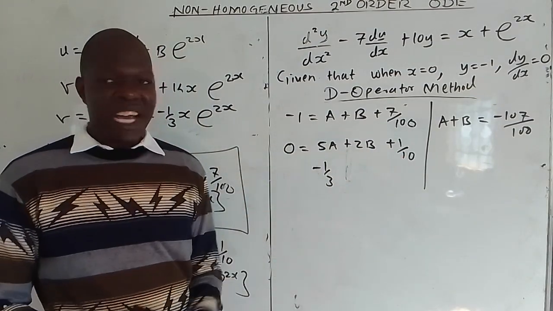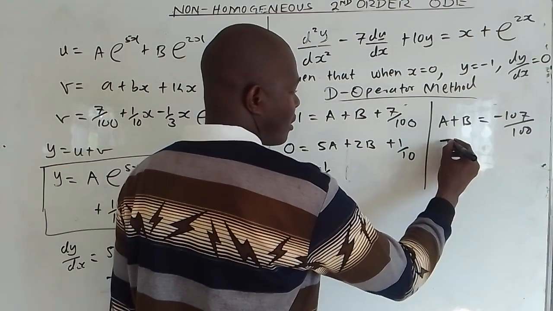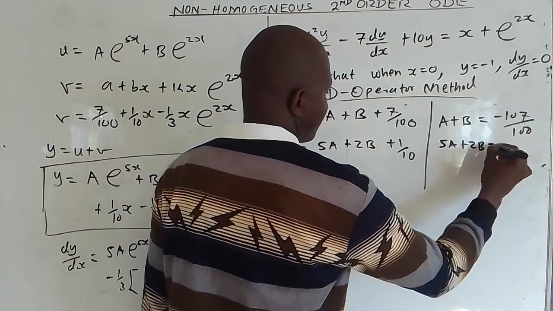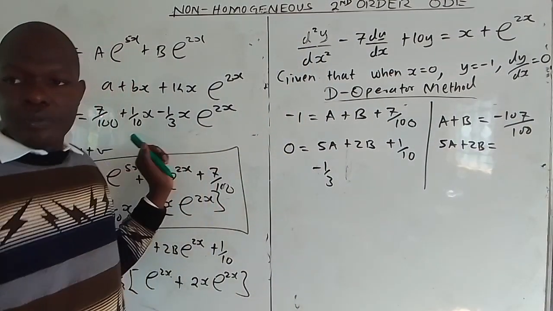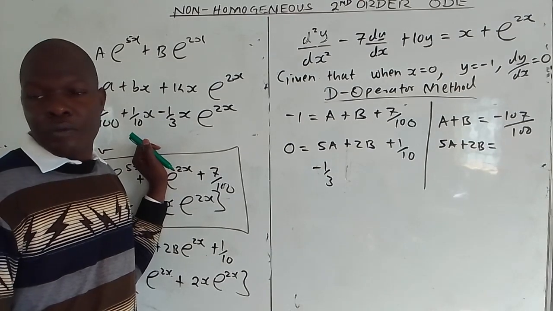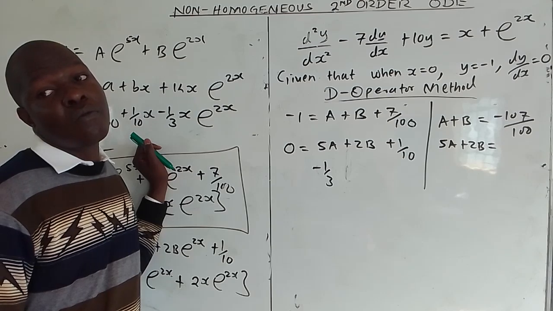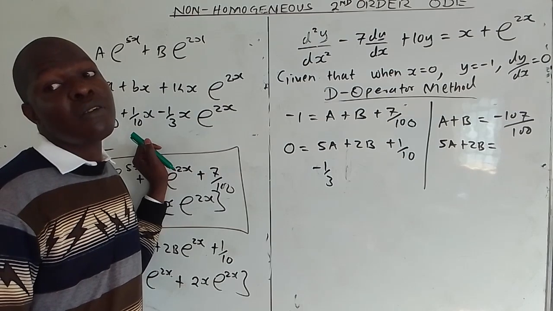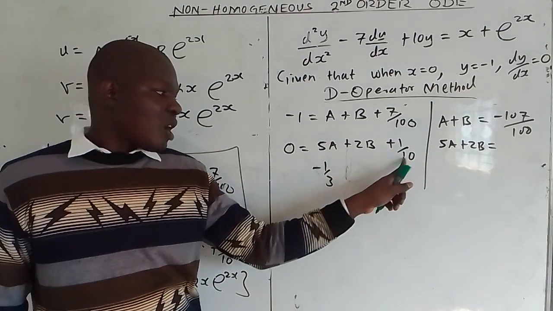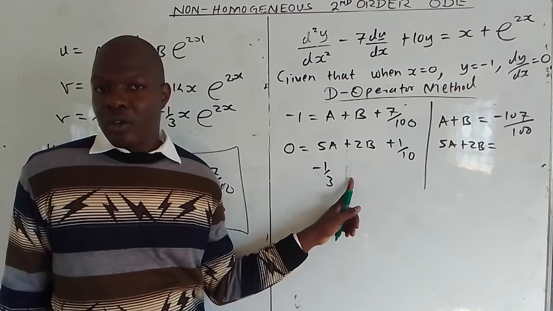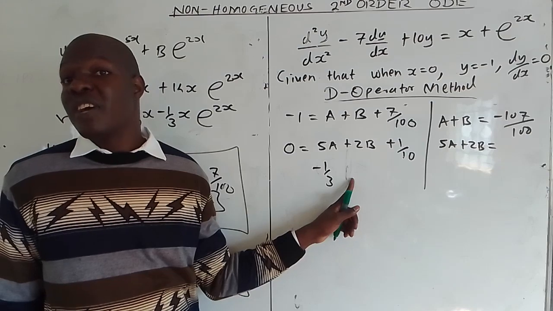So plus 1 over 10 minus a third, if you bring them on this side of the equation, you get 5a plus 2b is equals to what? So this is plus 1 over 10 minus 1 over 3. 7 over 30.